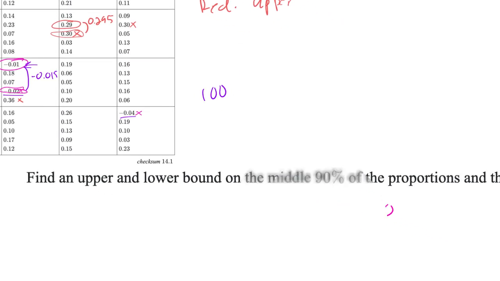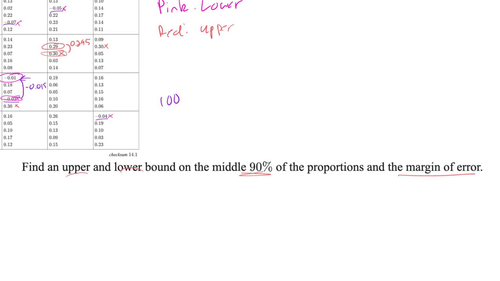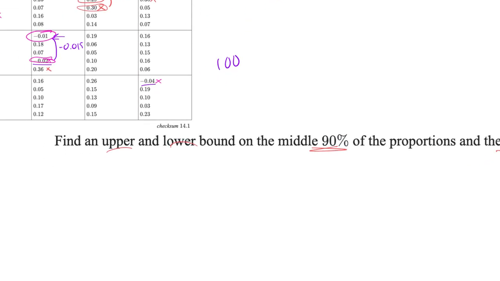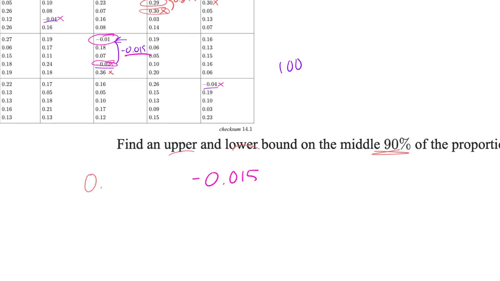So now I'm going to find my upper and lower bounds in the middle 90% and the margin of error here. So my lower bound, I'm going to stick with it in pink here, was at negative 0.015. And then I had my upper bound, which was 0.295. And I'm going to subtract those two things, which subtracting negatives is of course going to create a positive.